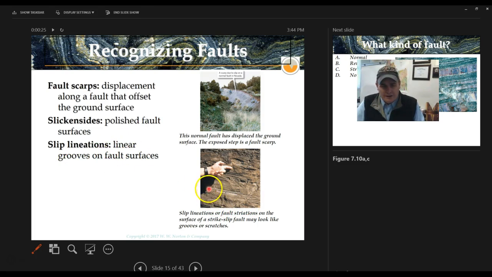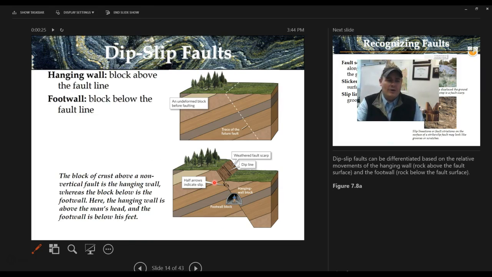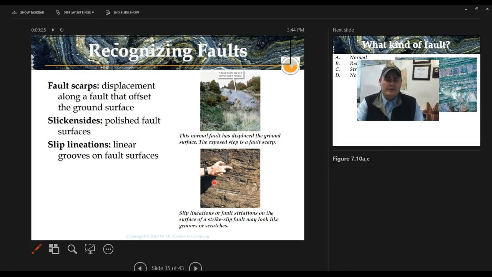So here's the polished surface with a striation orientation this way, which means the fault was moving back and forth in this direction. Those are the things that we can use to identify faults. Now in your pictures, you're going to be using what we call the marker bed technique that we use in the class, because you're not out in the field looking at and touching these rocks, but those are ways you can do that if you're out in the field.